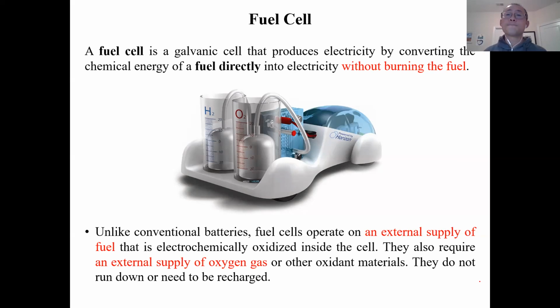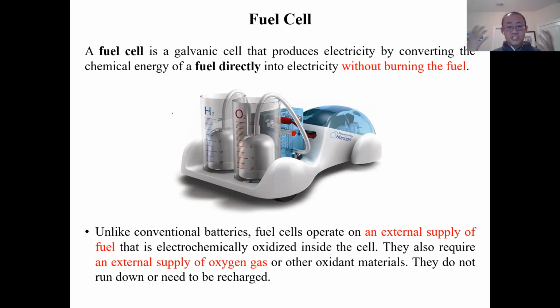But one of the big features of all the galvanic cells or batteries we have studied before is that the reactants and products are already placed inside the battery, no matter whether it is a galvanic cell, lithium-ion battery, lead acid battery, or alkaline battery. You see that it's a wrapped up, sealed device. So that's a typical galvanic cell.